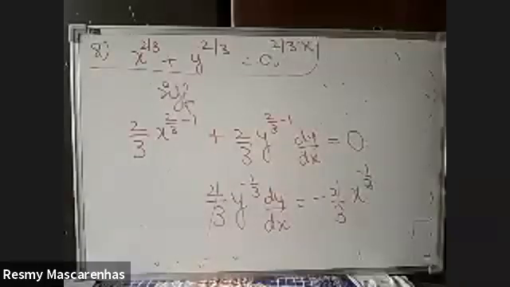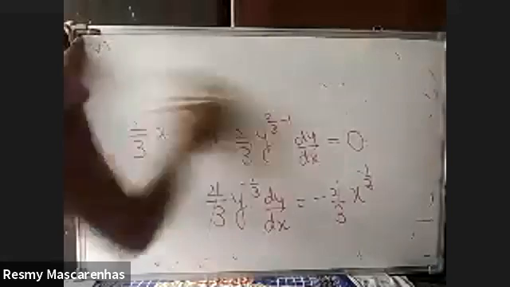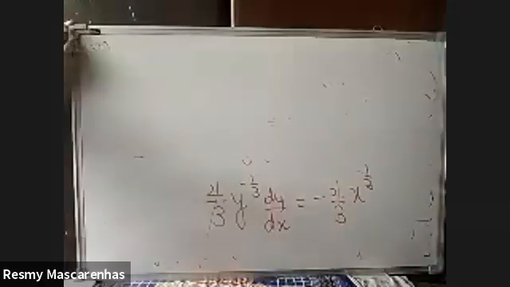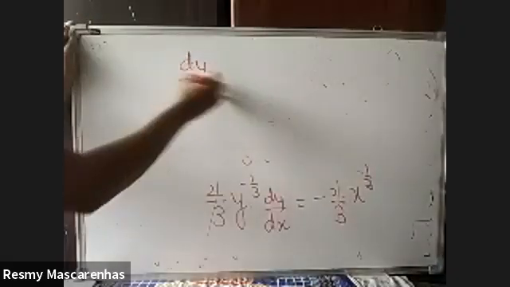Keep dy by dx there only and take y on the other side, so it will go to the denominator.